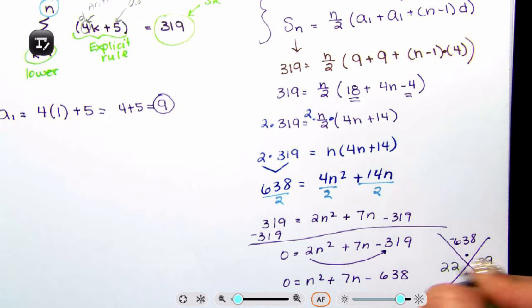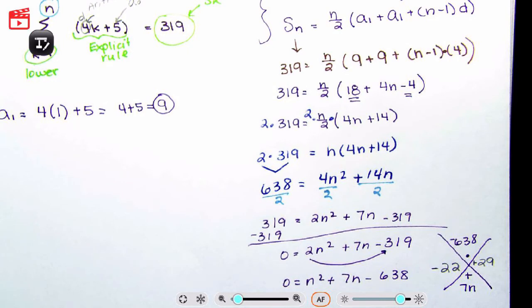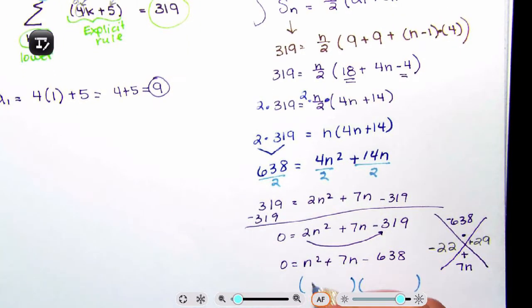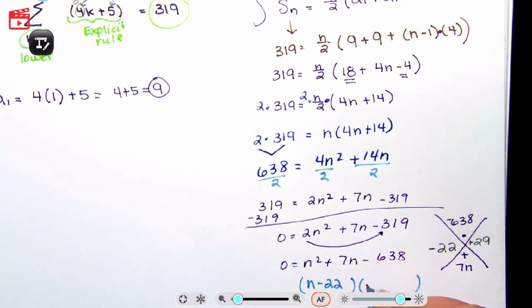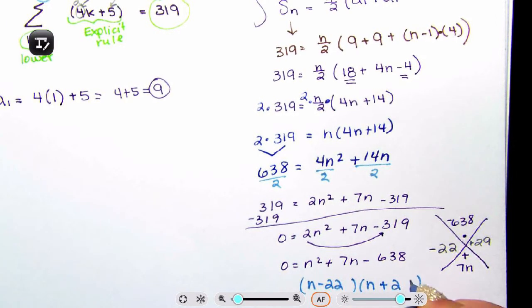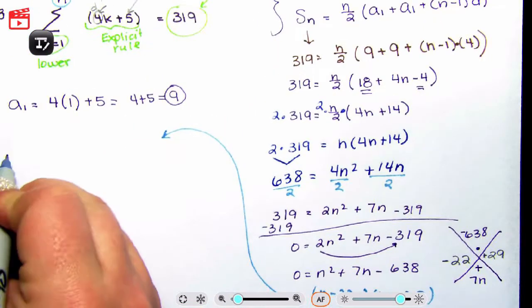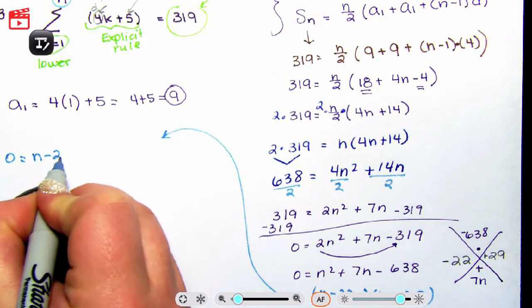We want 7 to be positive. That means 22 is negative and 29 is positive. So our two factors are n minus 22 and n plus 29. I'm going to bring that a little higher since I have more room here. Take each bubble, set each bubble equal to 0.